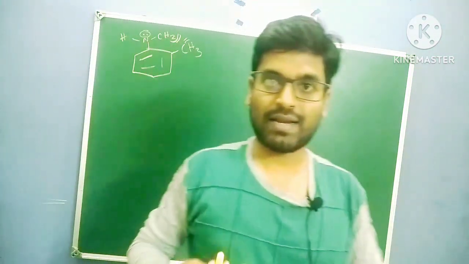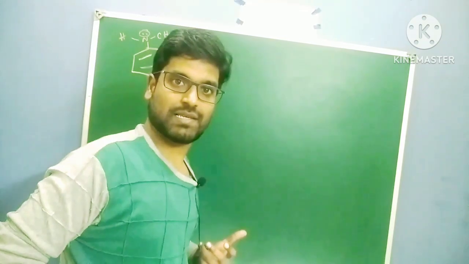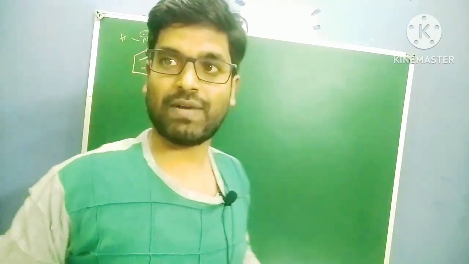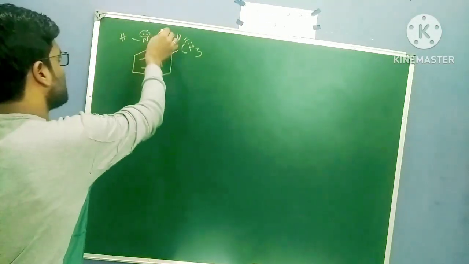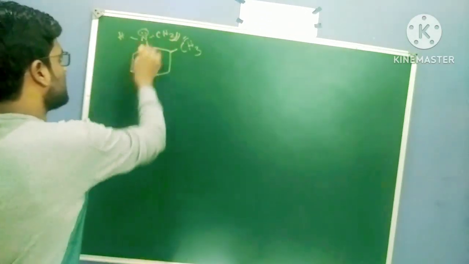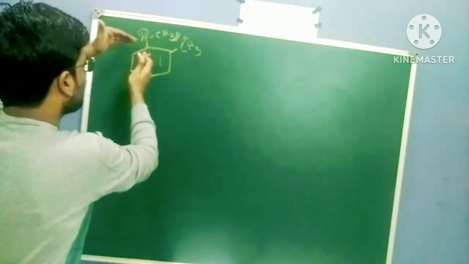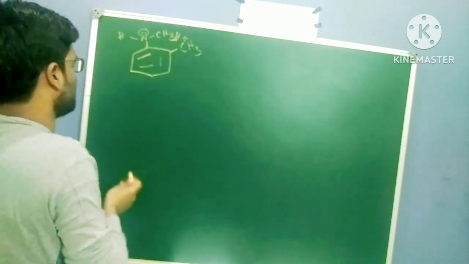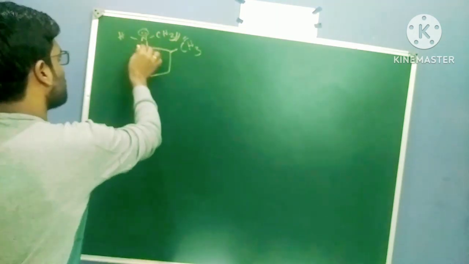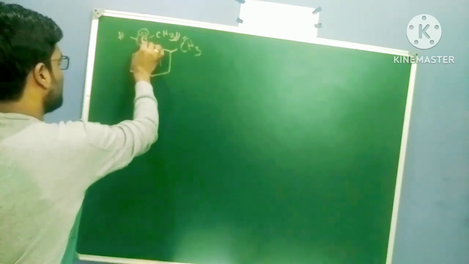Like me, when I'm changing my direction as the opposite person comes towards me, in the same way this group is also changing its direction. Initially this group is on the plane. After repulsion, it might come above the plane or below the plane, so that whenever it is not on the plane, this lone pair will not participate in resonance.